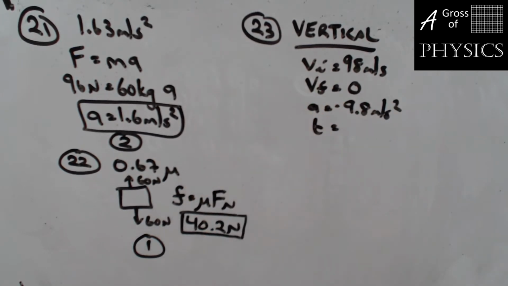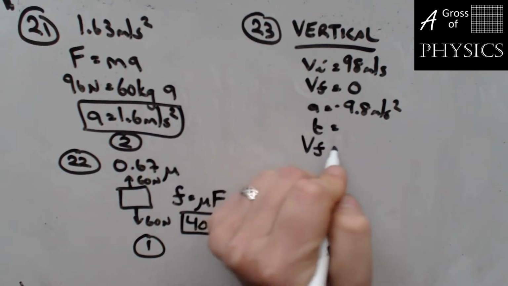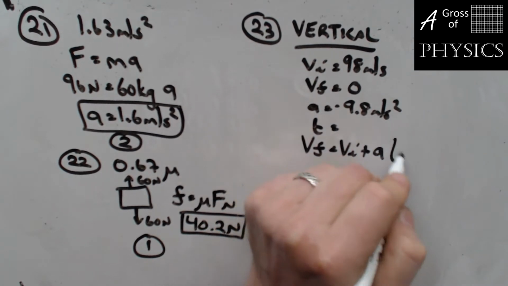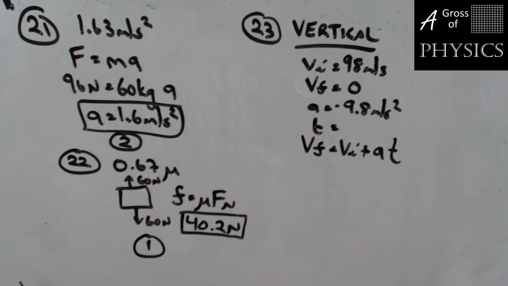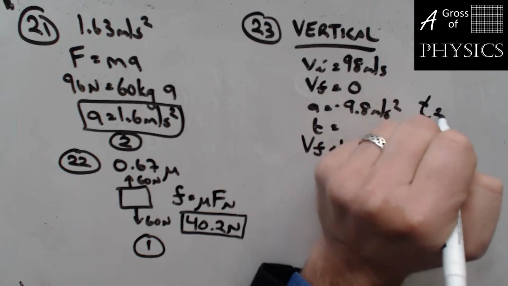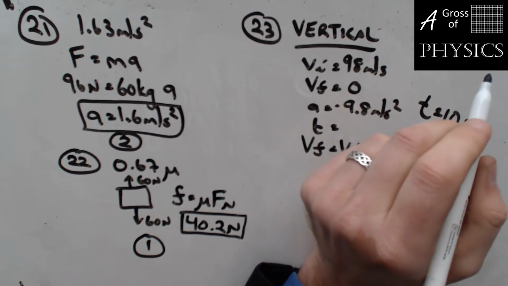Find t. So I'm going to do VF equals VI plus at. 98 divided by 9.8, t is 10 seconds. Choice 2.